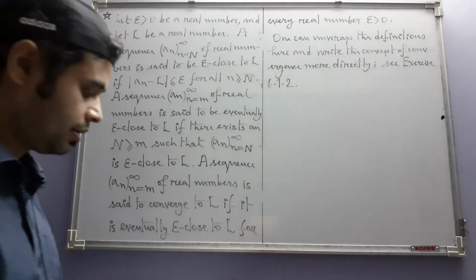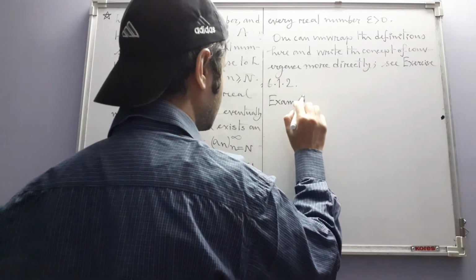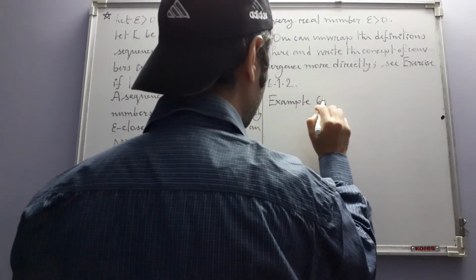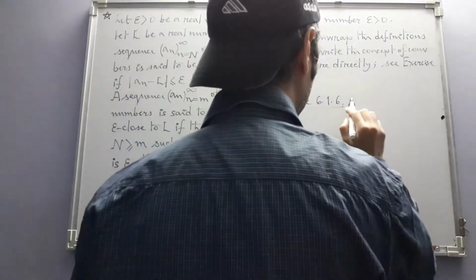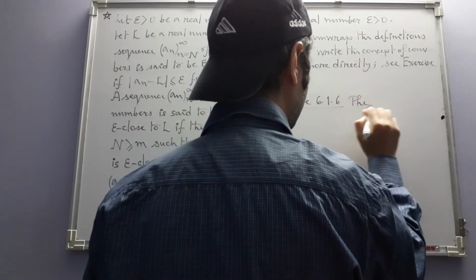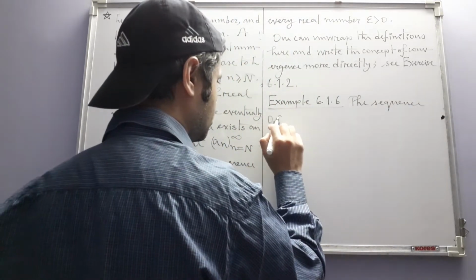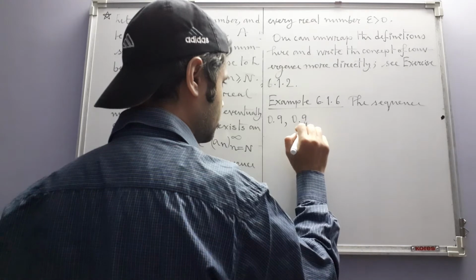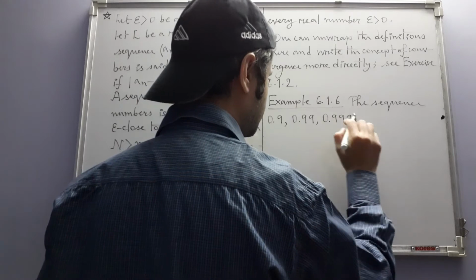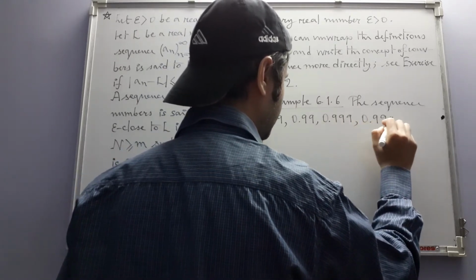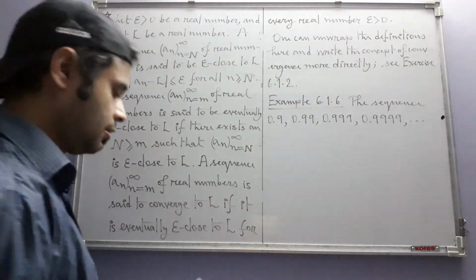Let us now see one example. The sequence 0.9, 0.99, then 3 nines, then 4 nines, and the terms go on like this without any end.